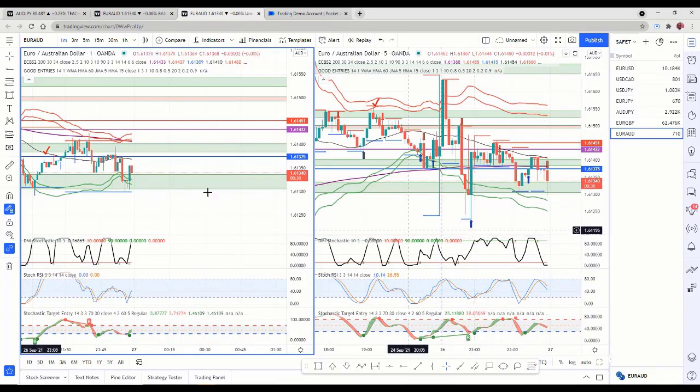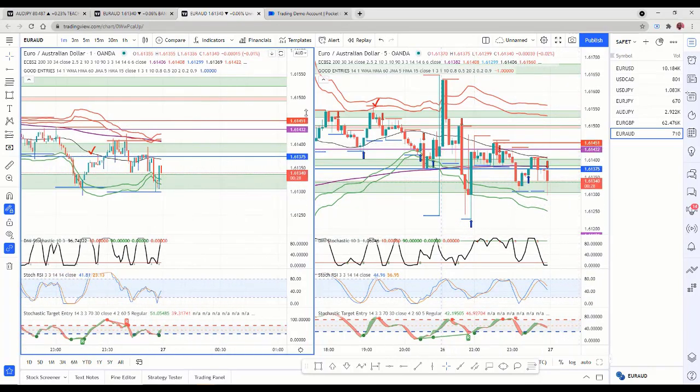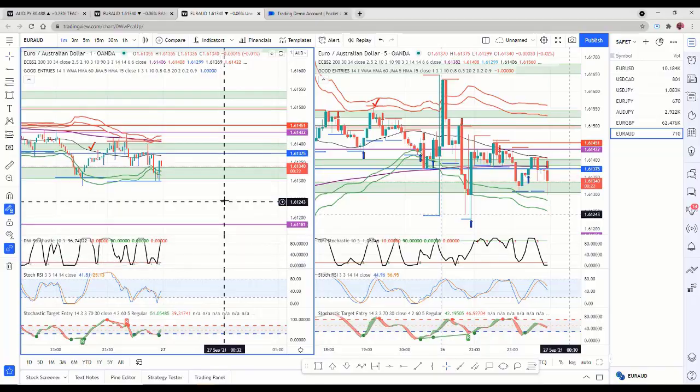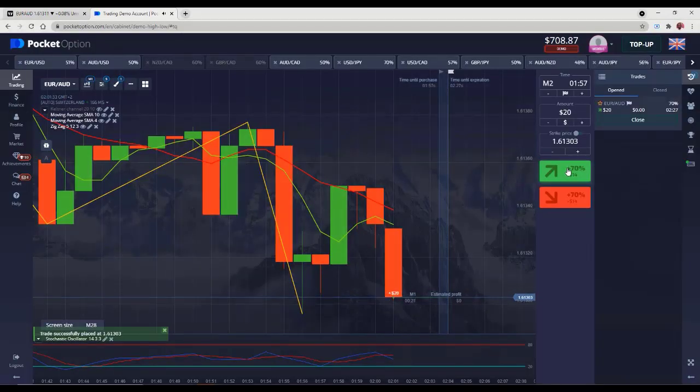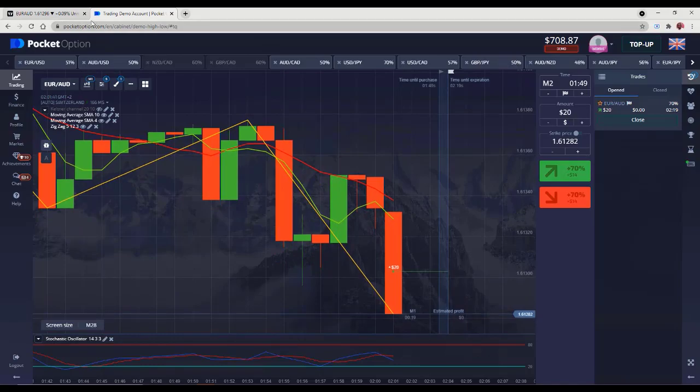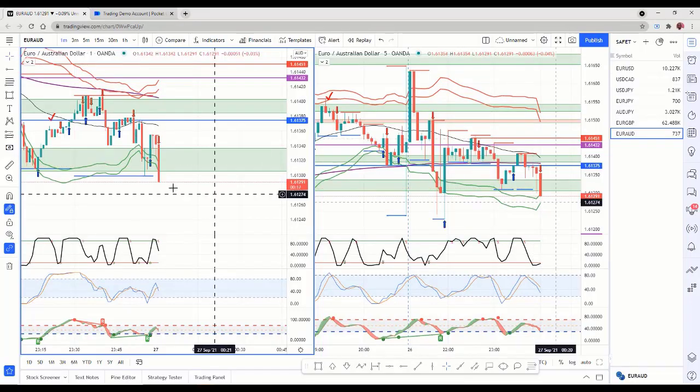So this is just about how your support and resistance become relevant to you. Yes, this one is a good spot now. You can see, wow, it's going.